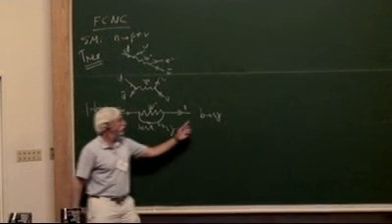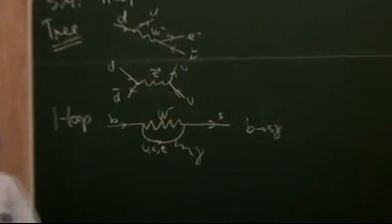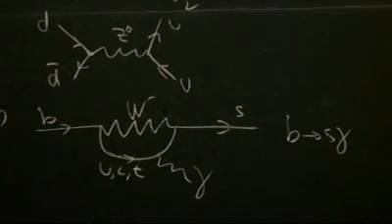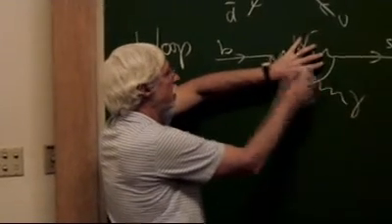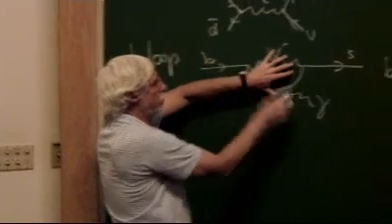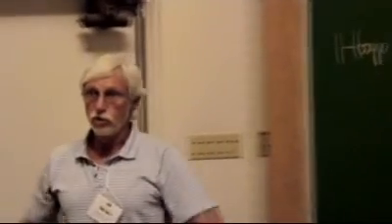transition. You can see that you change flavor, and there's a neutral particle in the balance. So if you thought of this as an interaction between a B quark and an S quark and this vector particle, the vector particle is neutral, but there was a flavor change. So you do get flavor changing neutral transitions in the standard model, but they're suppressed.